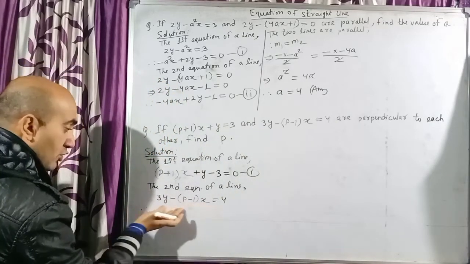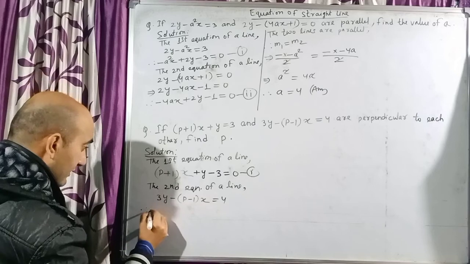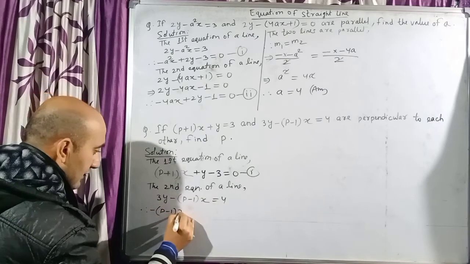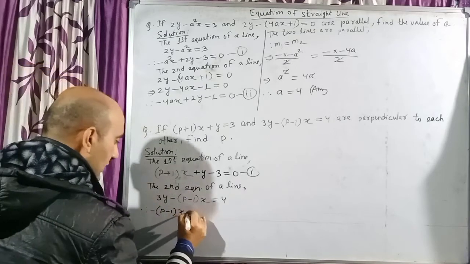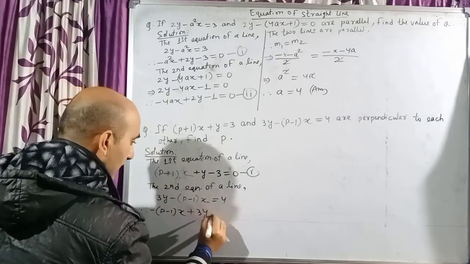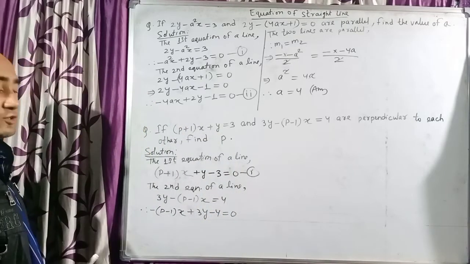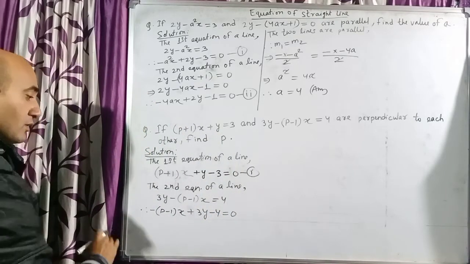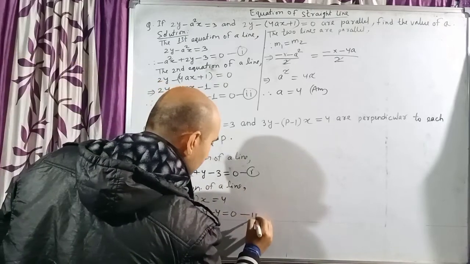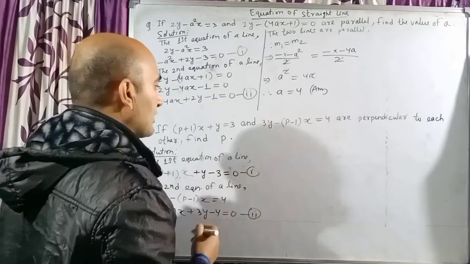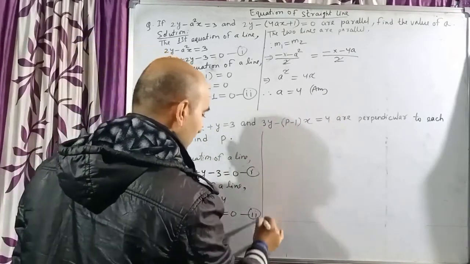Give first position to coefficient of x and x variable. So minus (p minus 1) x. Second position you give to y, plus 3y minus 4 equal to 0. Now two equations are ready children. Equation 1 and equation 2 is ready, and they are perpendicular to each other. The two lines are perpendicular to each other.